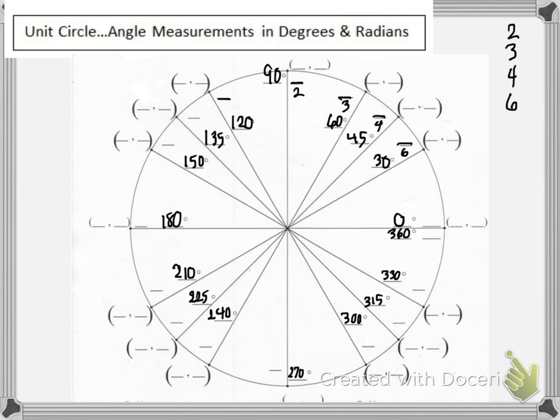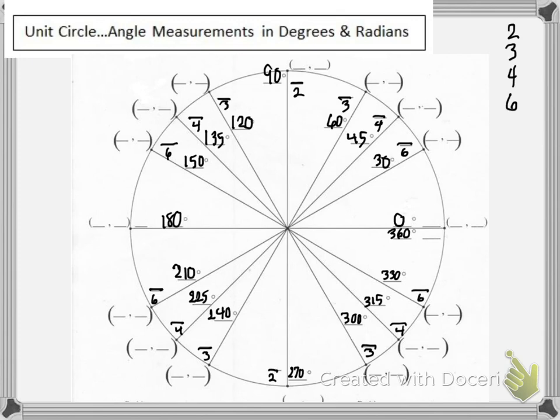Over here, at the top, 2, 3, 4, and 6. Go to the bottom, same thing. 2, 3, 4, and 6. At the bottom, 2, 3, 4, and 6.